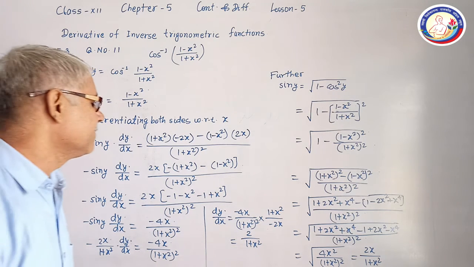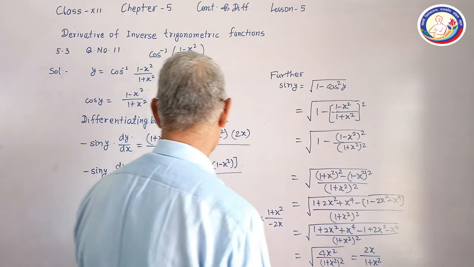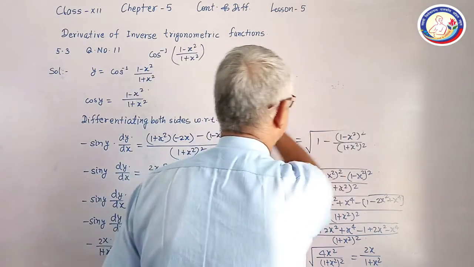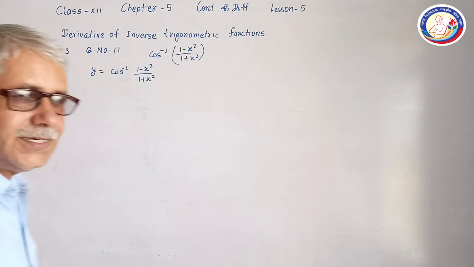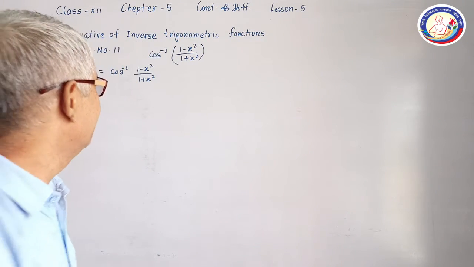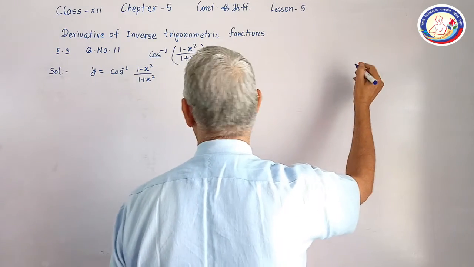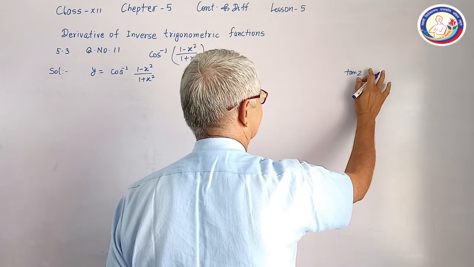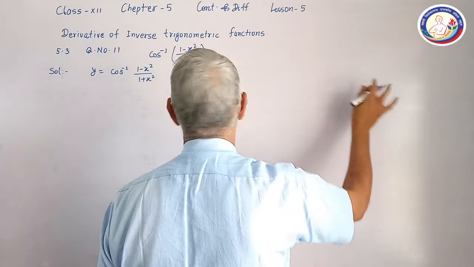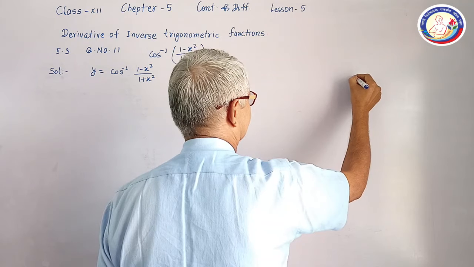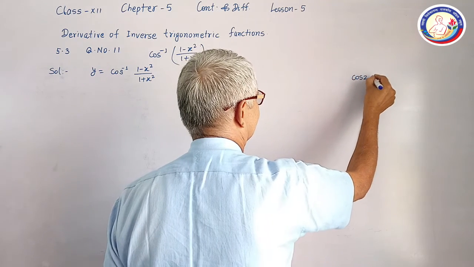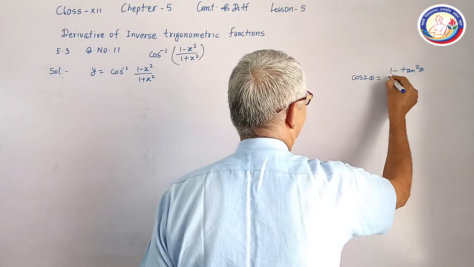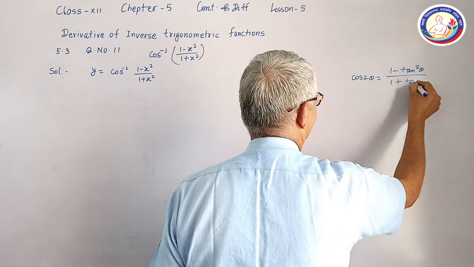There is another way we can solve this problem. Let us take that. By our previous knowledge of trigonometry, we have a formula: cos 2 theta is equal to 1 minus tan square theta upon 1 plus tan square theta.